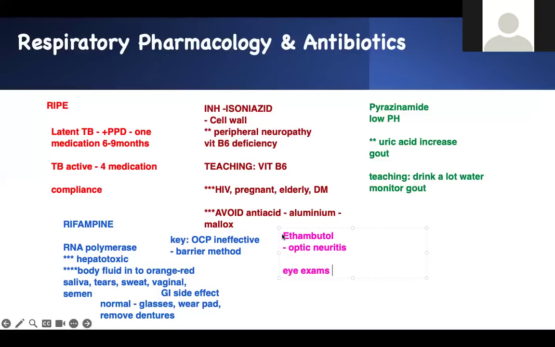Very, very important. It can also cause peripheral neuropathy, but it's not the best one. In case you see a question like that, don't worry. You can pick it, but that's not number one. I don't think the NCLEX will confuse you. What this is known for is optic neuritis. So the patient needs regular eye exams. They need to go see ophthalmology every 6 months. You have to have a scheduled appointment.